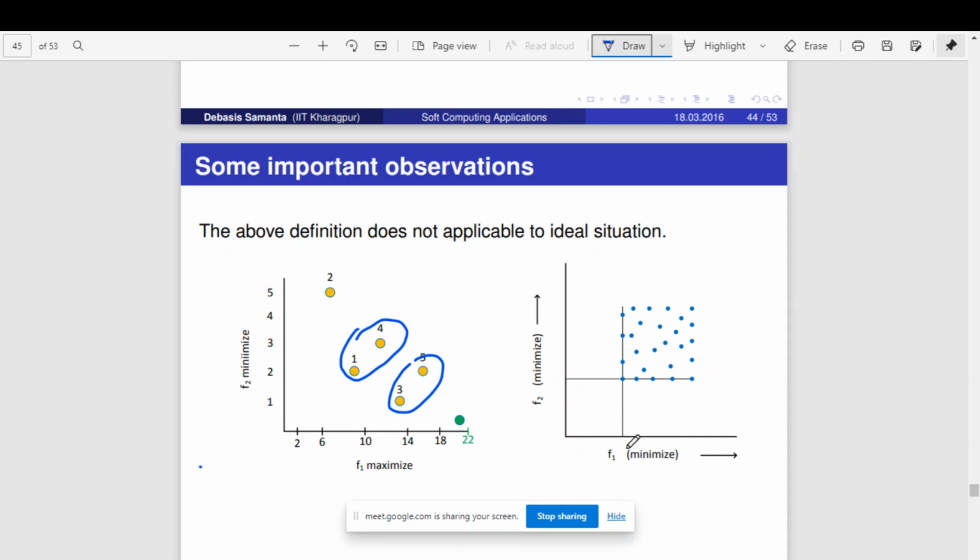Now from this ideal case, could you tell, is there any non-dominating set? Here both f1 and f2 we want to minimize, right? F1 we want to minimize, f2 also we want to minimize. So the solution should be towards which direction?